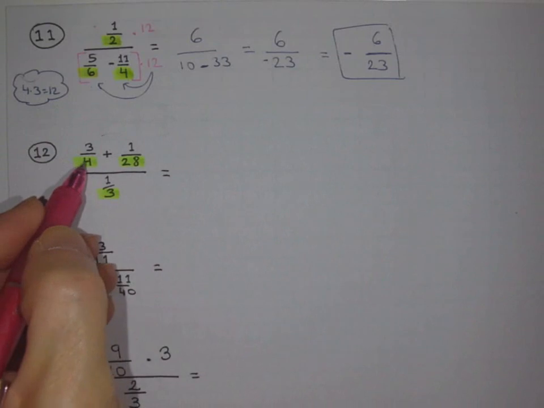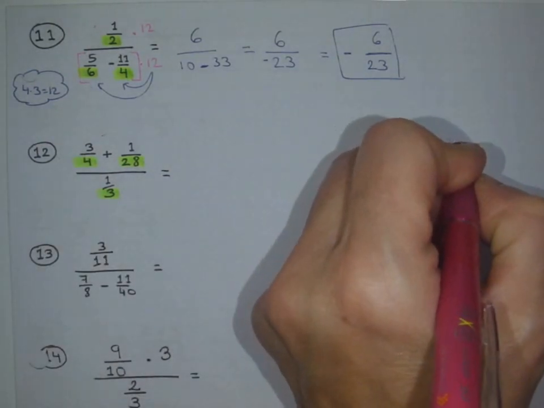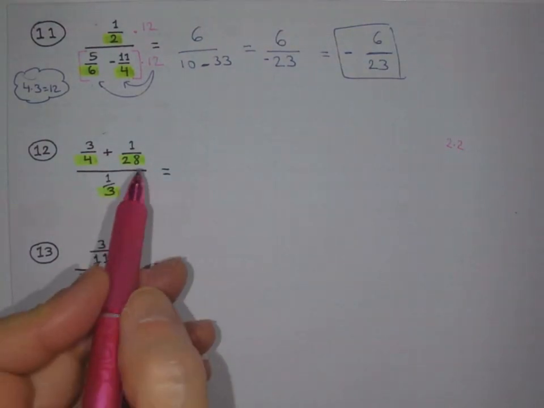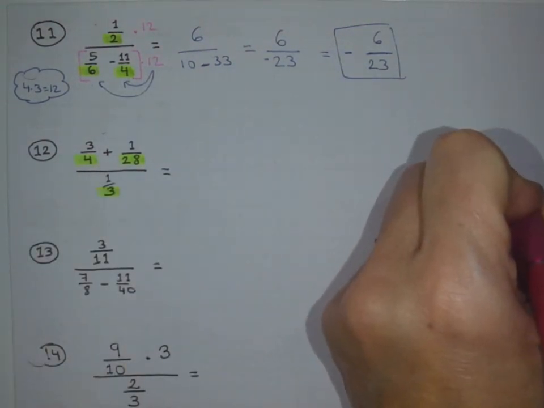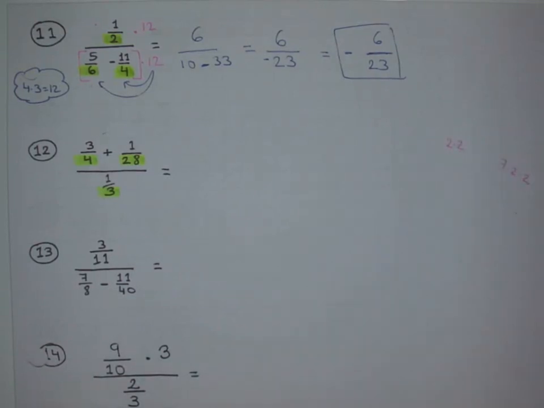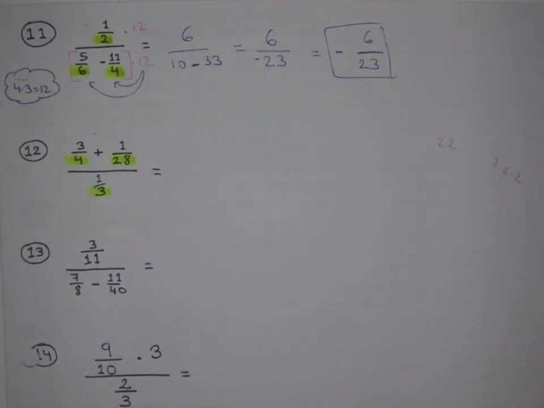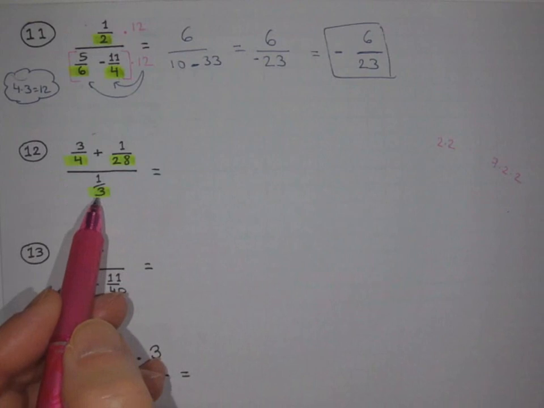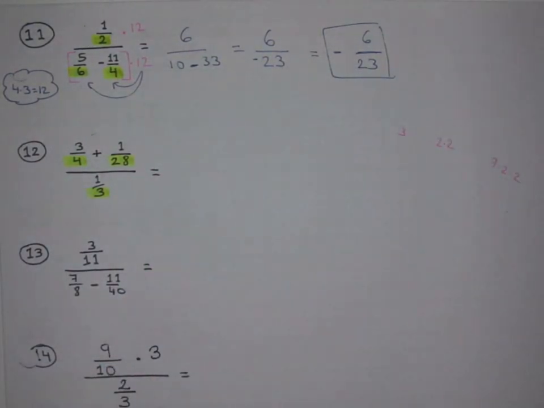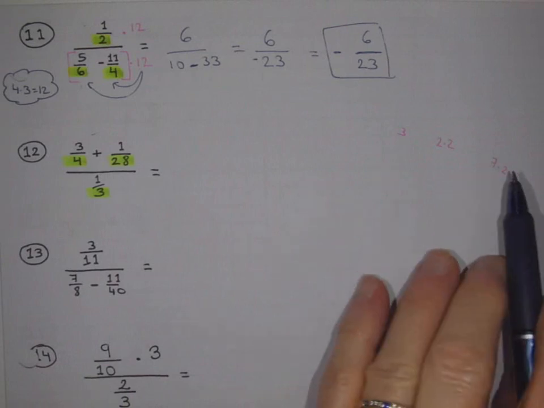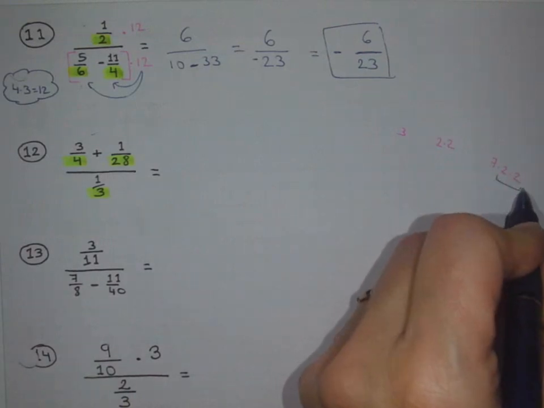This is 2 times 2. Let me write that to the side. 2 times 2. This one is 7 times 2 times 2, right? And this one is just a 3. So I need 2 2's everywhere.